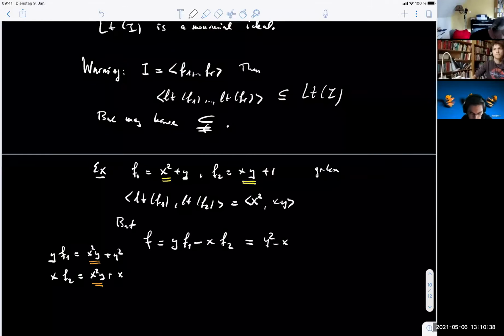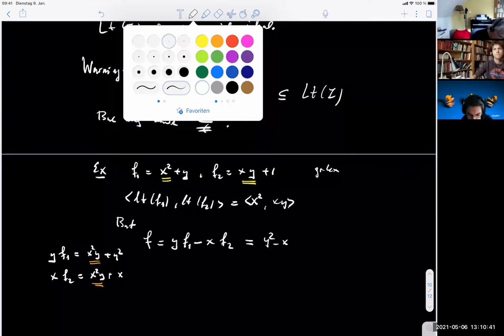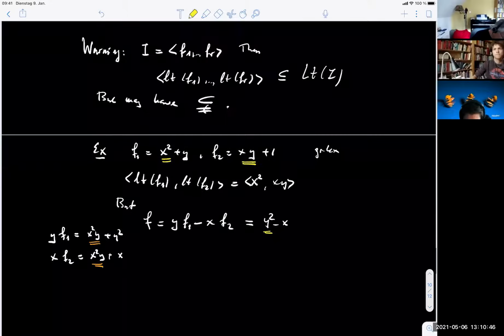So what I get is y squared minus x. This has the leading term y squared, and that's not in this ideal. y squared is not divisible by x squared, and xy doesn't divide y squared.